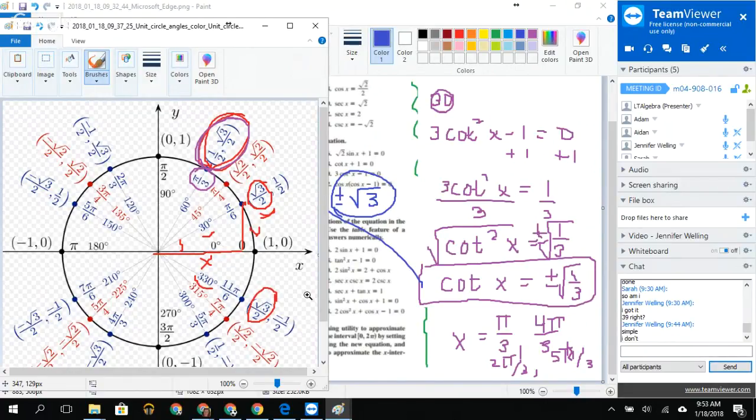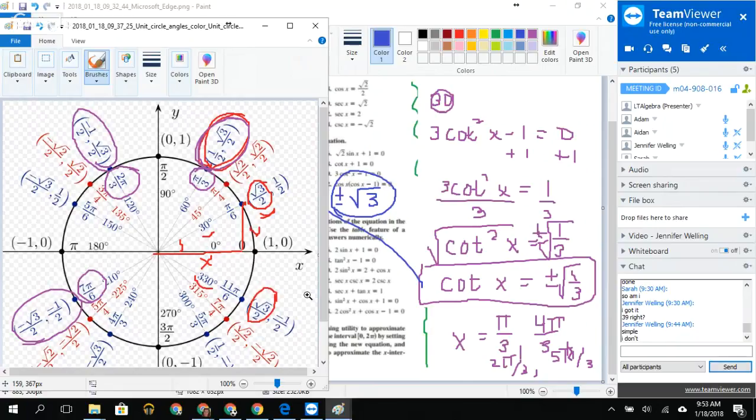Over here, I have square root of 3 over 2 divided by negative 1/2, which will also give me negative square root of 3. So this is another possible solution we got right here, which is 7 pi over 6, which we didn't actually mark down yet.